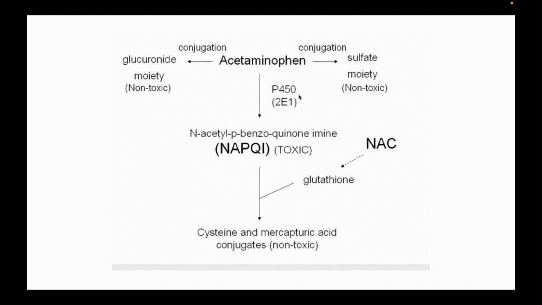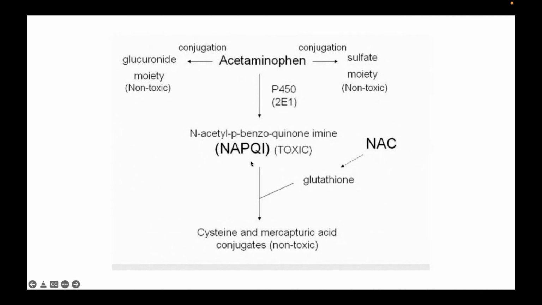So how does acetaminophen cause liver toxicity? Once the hepatocyte takes up the drug, it's conjugated into a glucuronide moiety that is non-toxic. It's also conjugated to a sulfate moiety that is also non-toxic. What is toxic is when CYP450 2E1, this is the specific one, converts it to this NAPQI intermediate before using glutathione and getting rid of it.